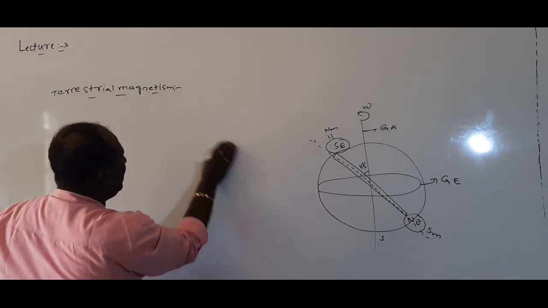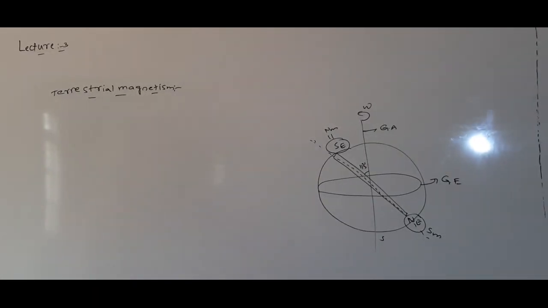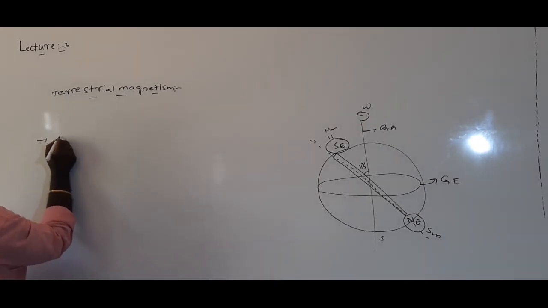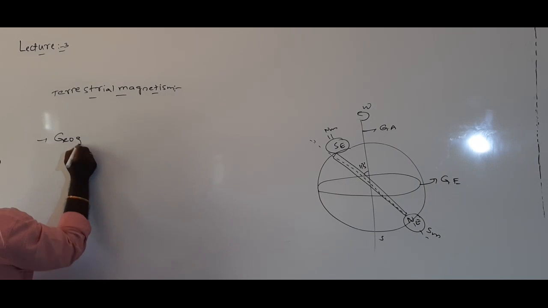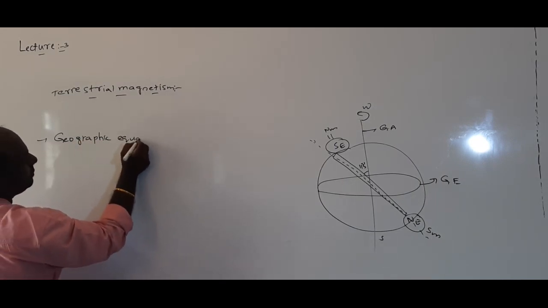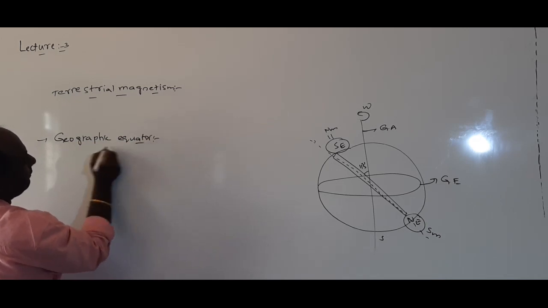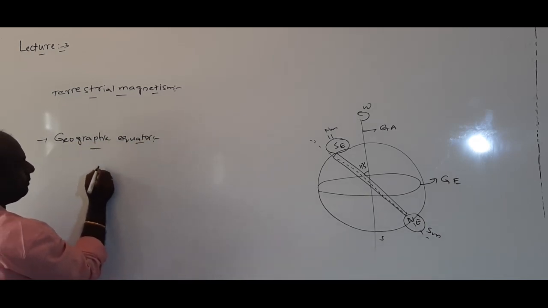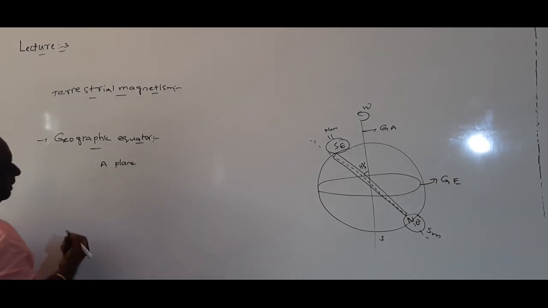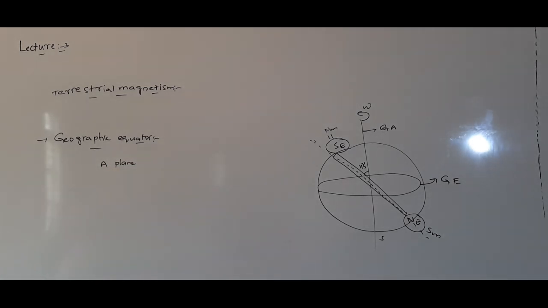Two more definitions. We are discussing 6 definitions. I will revise one more time. Geographic equator, what is it?